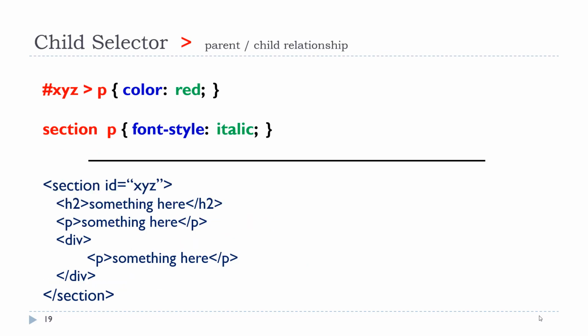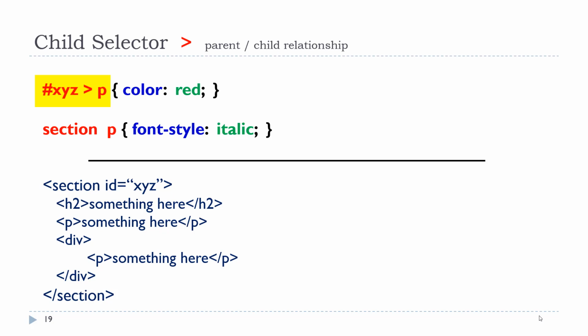A child selector is represented by the greater than sign. A child is also referred to as a direct descendant. Remember, they're all descendants, but a child is a direct descendant. So if we look at the CSS code, we see #XYZ greater than P. Again, reading from right to left, that says that we will apply the style to the P that is a child of ID equals XYZ.